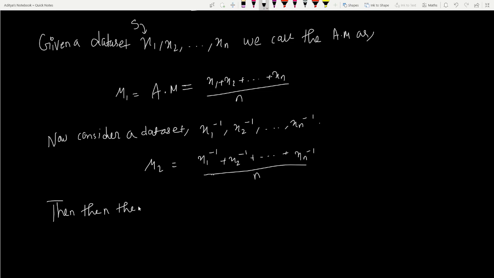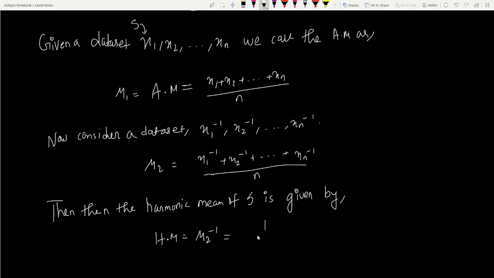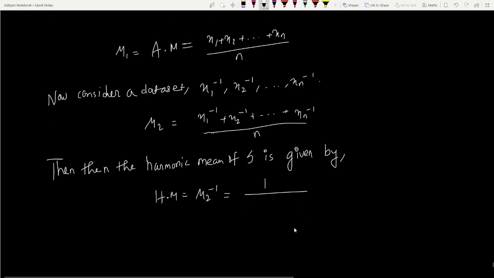Then if this data set were to be called as S, then the harmonic mean of S is given by HM equals mu2 inverse, or in other words 1 divided by 1 by n summation of i equals 1 to n of 1 by xi.